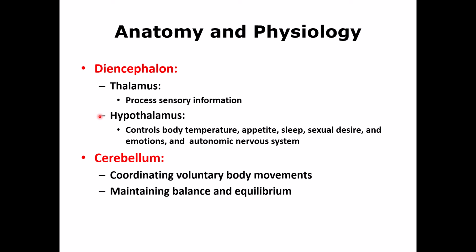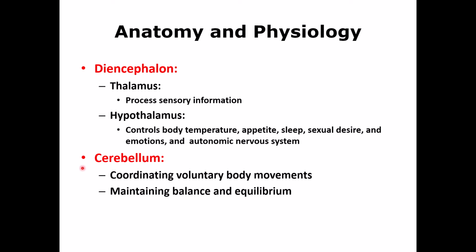That's part of another system called the limbic system. The emotions are also affected by the hypothalamus, but also by the limbic system, and the prefrontal cortex is part of the emotions. And the autonomic nervous system, which I will talk about in a few minutes, affects the visceral function, and it's controlled by the hypothalamus.